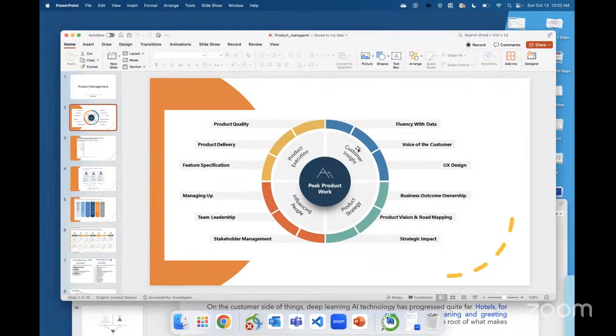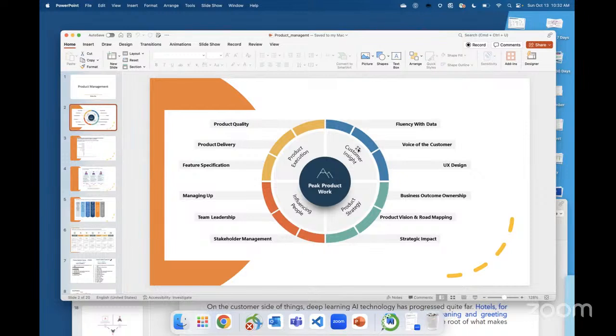So these are the four quadrants: product strategy, product execution, and then influencing the people, and what are their thoughts, what are their insights. Using these four quadrants, you can make your product very successful. As I said, this is a very high-level view.